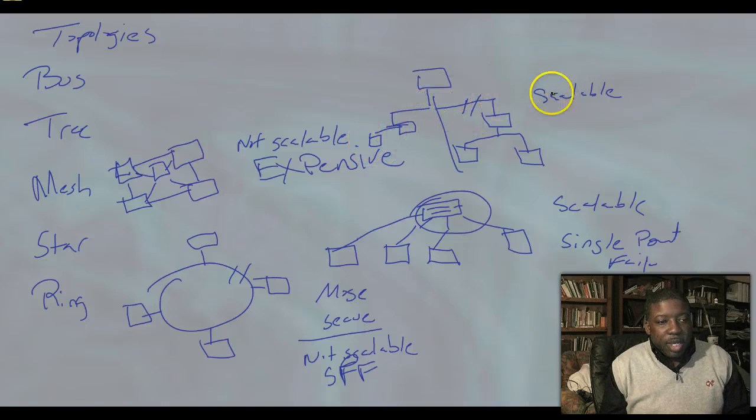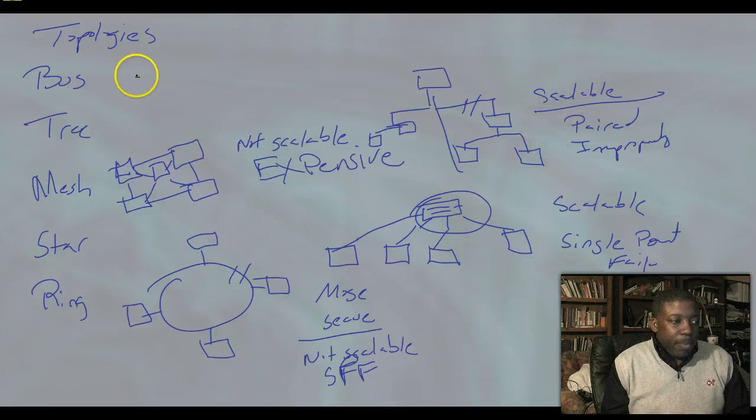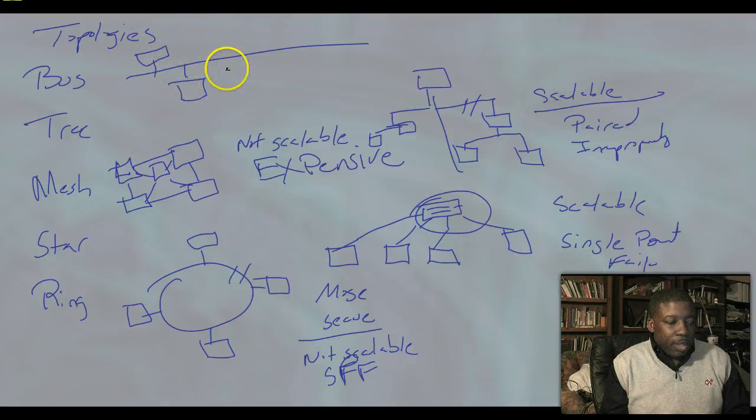So sometimes it can be paired improperly as it relates to your redundancy. And bus, you have your cable line, you have something here, something here, something there, something here. And so this is pretty good, but guess what? You have a single point of failure again. And if this doesn't work, they don't get their information.